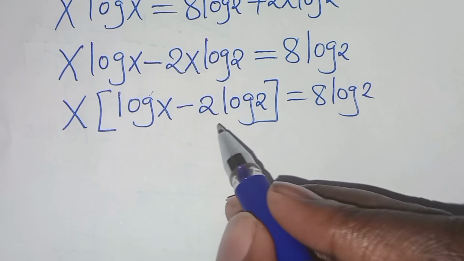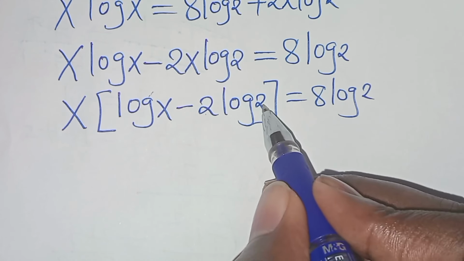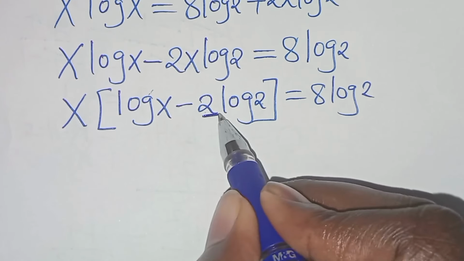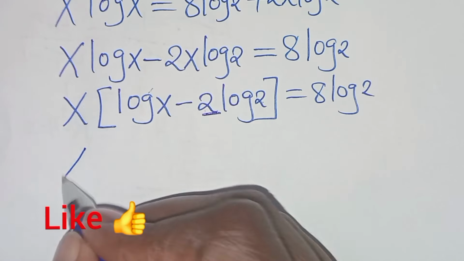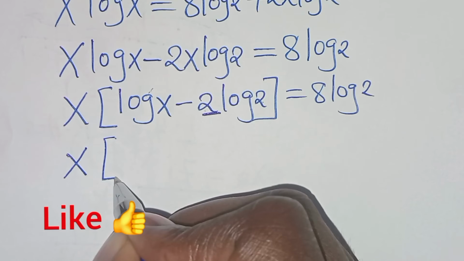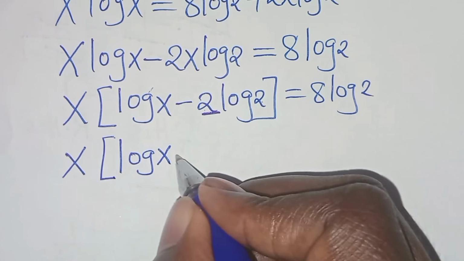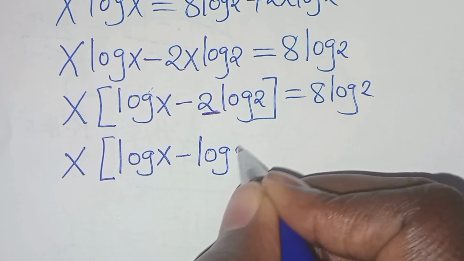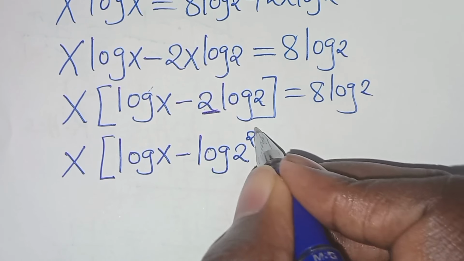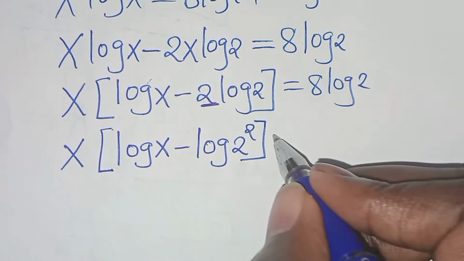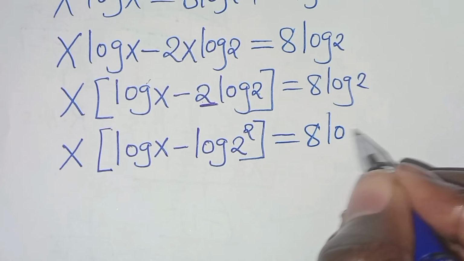The next step from here, you find that 2 log 2, this implies that this is the power. So we can express this as x into the parentheses: log x, subtract log 2 to the power 2. Close the bracket, this is equal to 8 log 2.